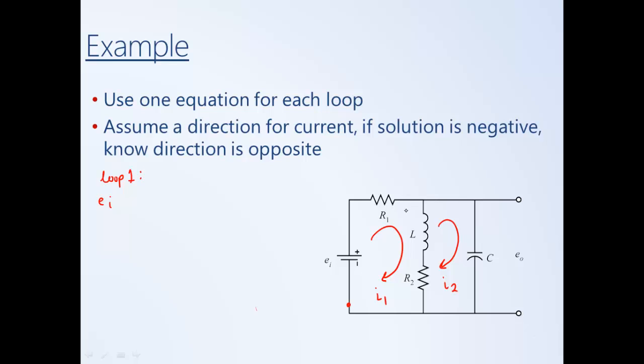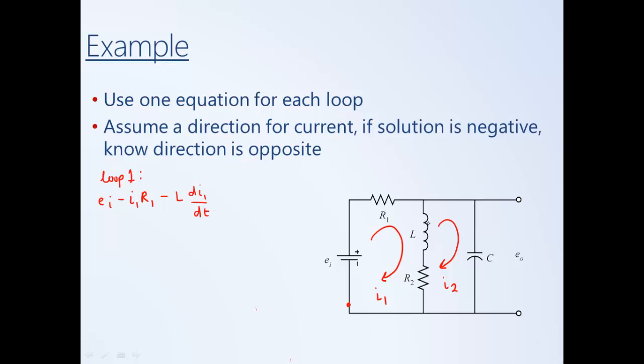Then when I come across this resistor, I'll drop across this resistor according to Ohm's law. So I'll have a drop equal to the current times the resistance. Then I will drop across this inductor, where the drop across the inductor is proportional to the rate of change of the current.